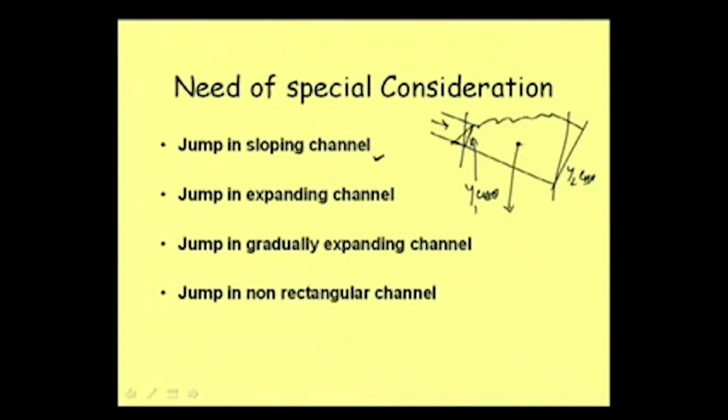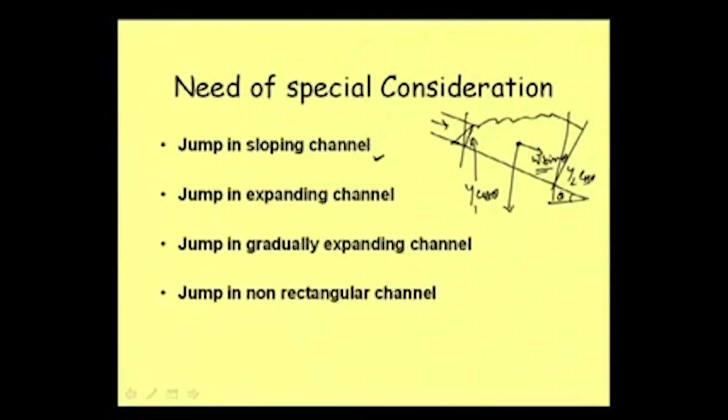Similarly, when we are neglecting this W sin theta, if the slope is quite significant, theta is significant, then we cannot neglect this W sin theta. So W sin theta will be playing its role, that is the weight of the fluid is coming here, and similarly this depth we need to consider as y1 cos theta, y2 cos theta, and that way we will be getting a different expression.